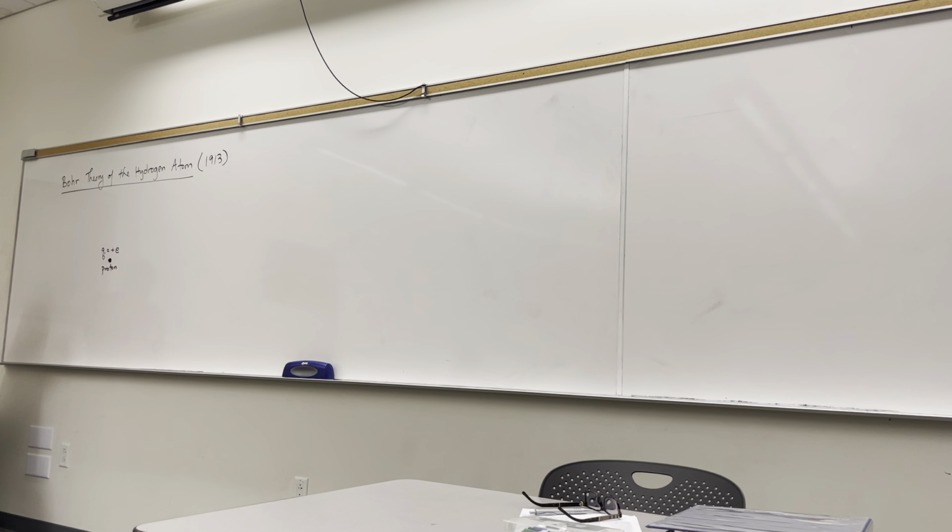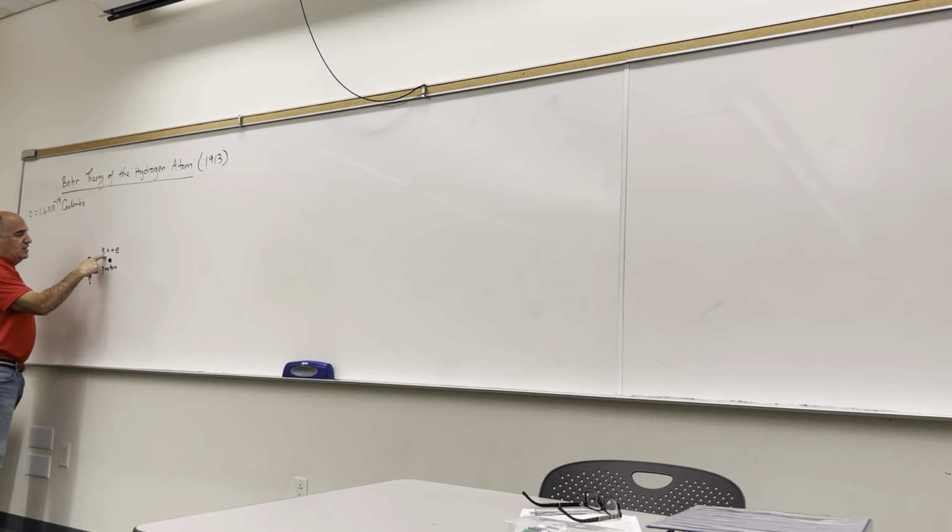So e is 1.602, I think, but 1.6 times 10 to the minus 19, and the unit of charge in the metric system is the coulomb. So 1.6 times 10 to the minus 19 coulombs. And I'll use the symbol Q to represent the electric charge.